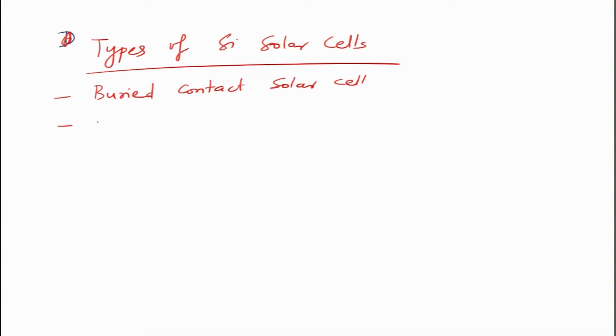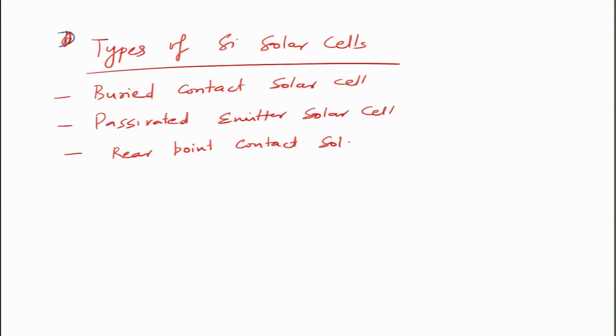There is something called as passivated emitter solar cell, something called as rear point contact. So buried contact have efficiencies of the order of 18 to 19%.